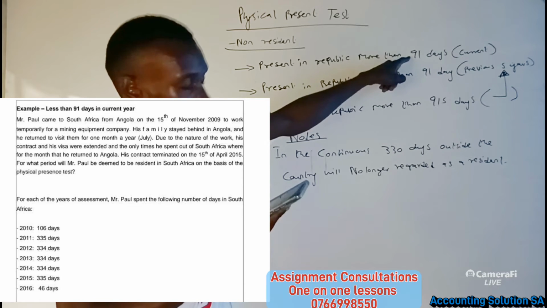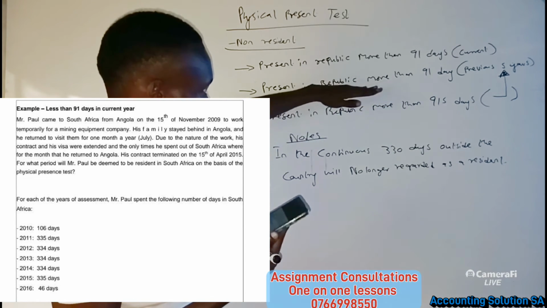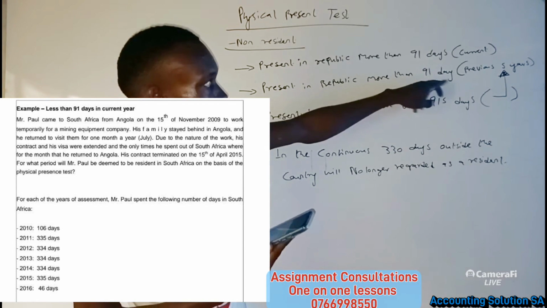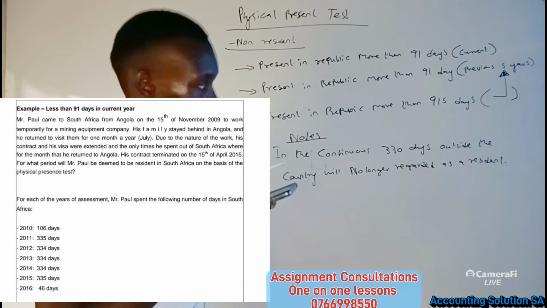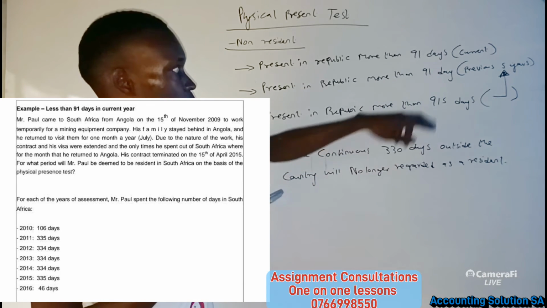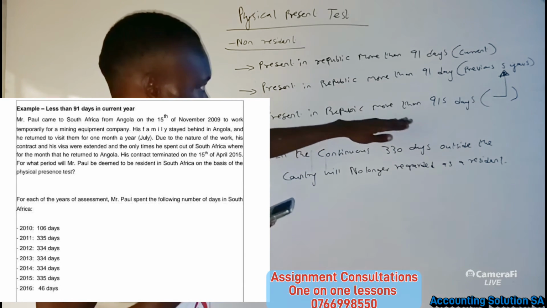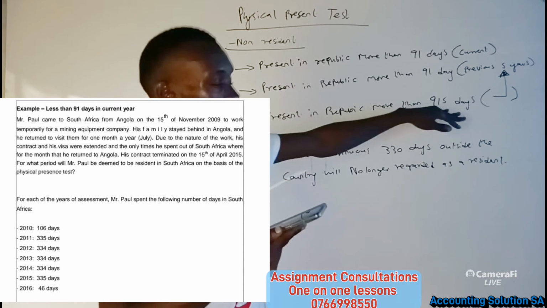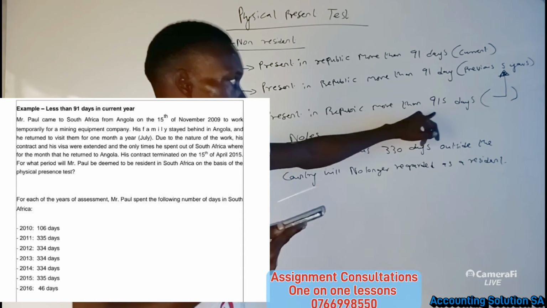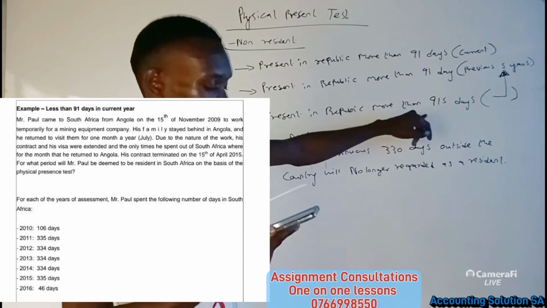It's fine. For requirement number 2, more than 91 days in the previous 5 years. Yes, because if you check 2014, 13, 12, 11, 10, every year he stayed more than 91 days. And requirement number 3, if you add all of them together, you will find that they exceed 915.